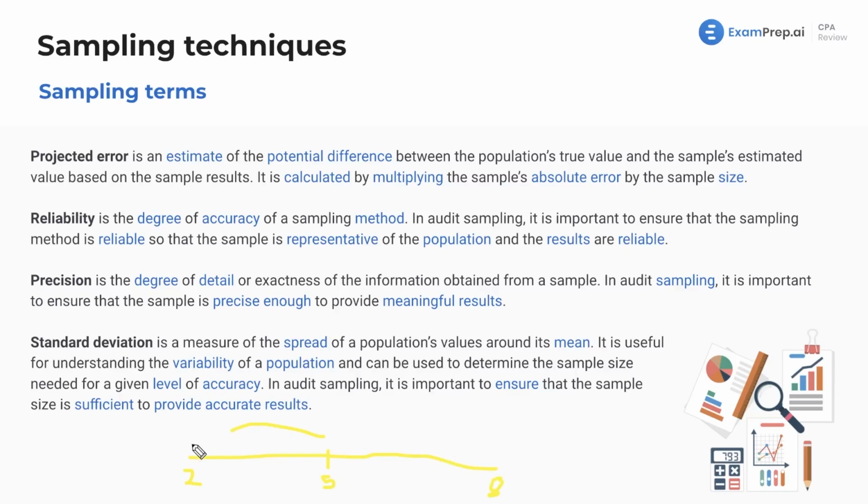And we could even expand $2 and $8 to go further. Essentially just saying the further we get away from the mean, the greater the standard deviation. You're deviating from the mean. We got to make sure here in audit sampling that the sample size is sufficient to provide accurate results. Again, I'm going to reiterate this point, this statement. You're going to get sick of it. The sample should be representative of the population.